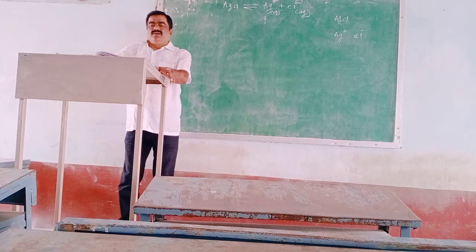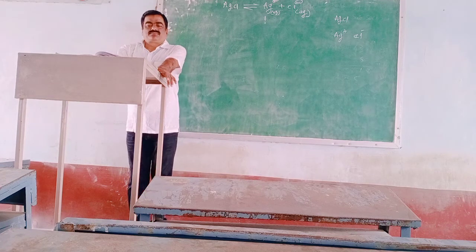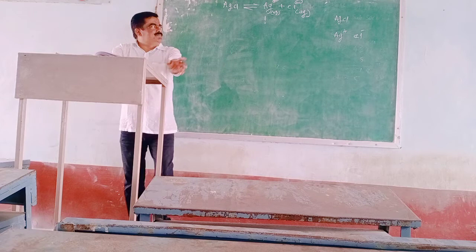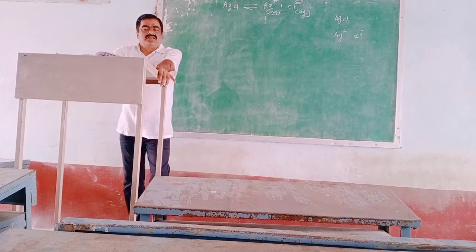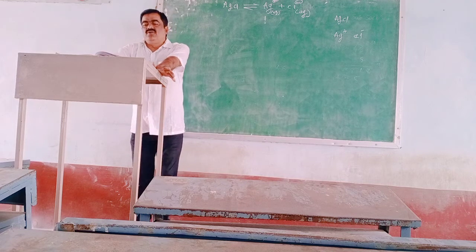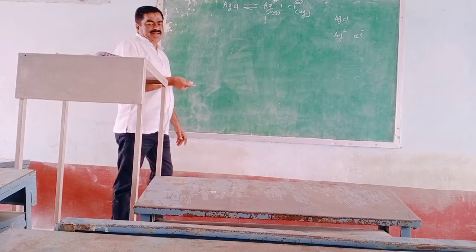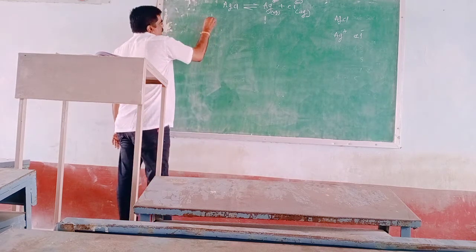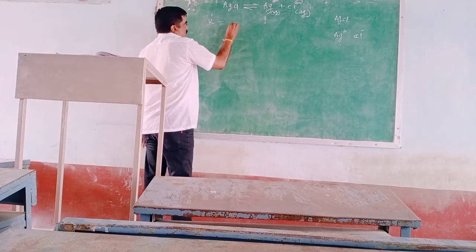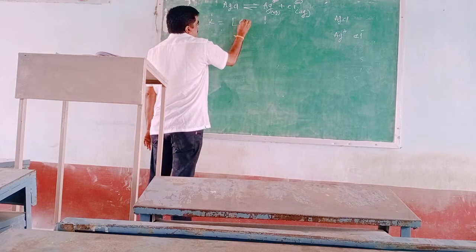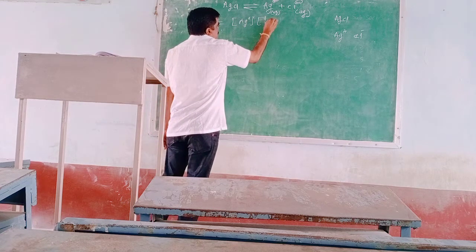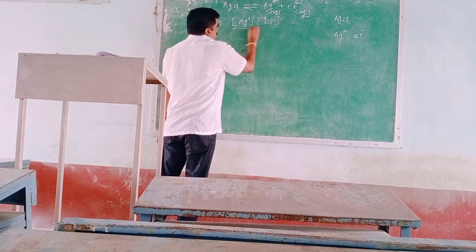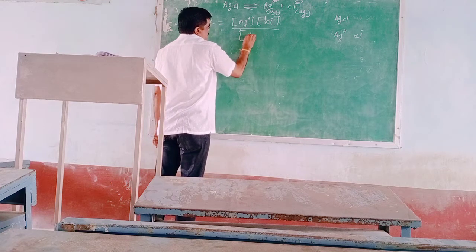This equilibrium is represented by this equation. The expression for the equilibrium constant is, that is, equilibrium constant K is equal to molar concentration of Ag plus into molar concentration of Cl minus over the molar concentration of AgCl.